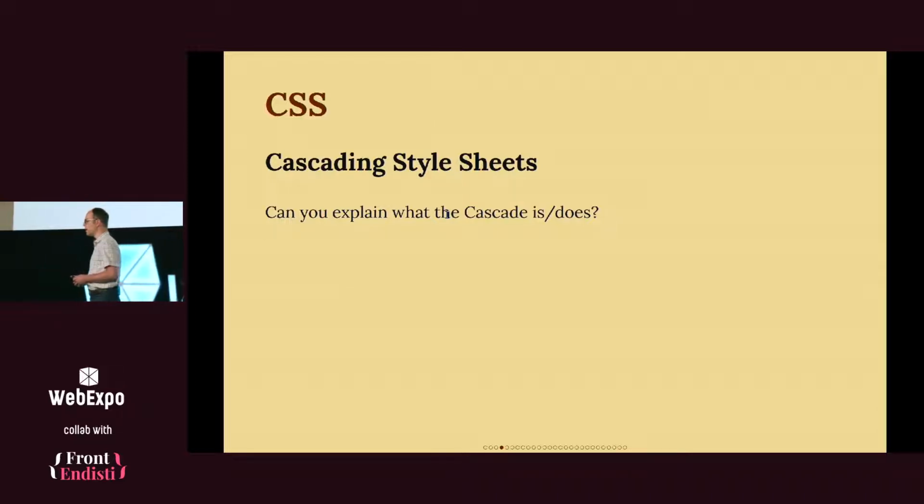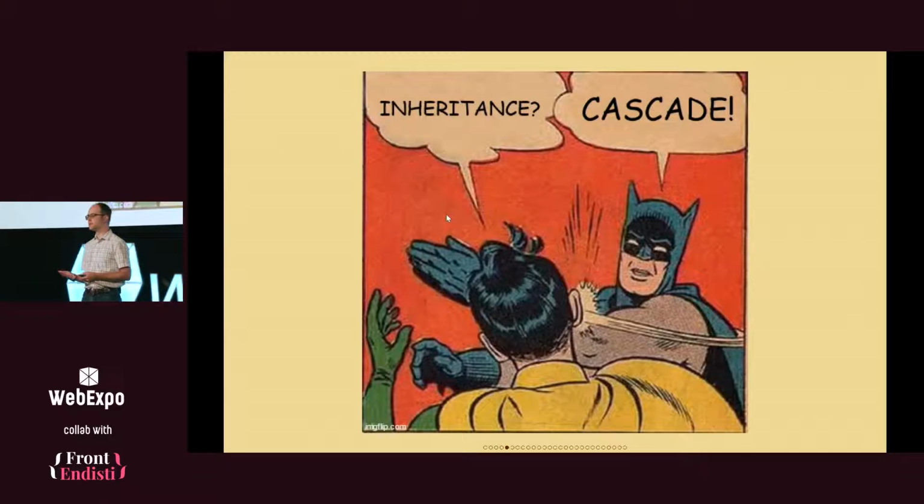That's common knowledge. However, the cascade itself is a pretty complex topic, and even if you ask a pretty experienced front-end developer, people that do CSS for a living, they often fail to correctly explain what the cascade is or what the cascade does. For instance, they might try to convince you that the inheritance is a cascade.